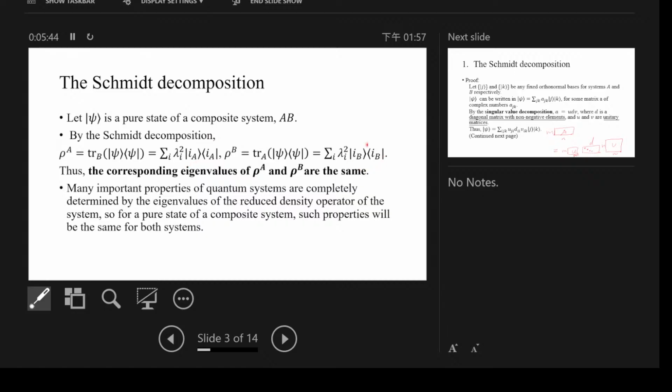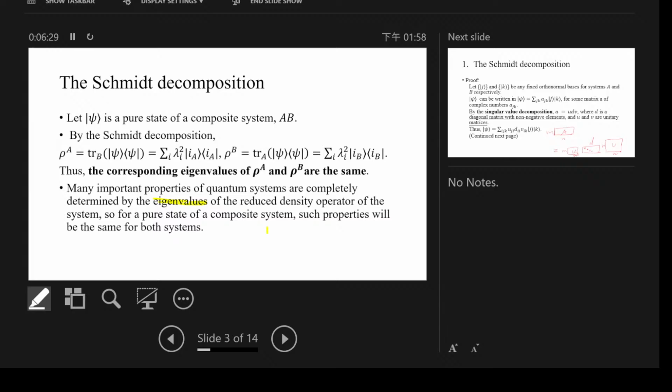Those are already eigendecompositions of rho_A and rho_B, and you see they have the same set of eigenvalues, the set of lambda_i squared. So whenever you have a pure state on your AB system, a lot of properties of rho_A and rho_B will be the same, because they have the same set of eigenvalues.